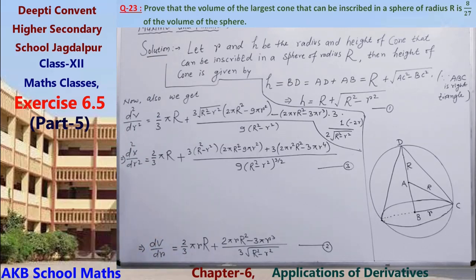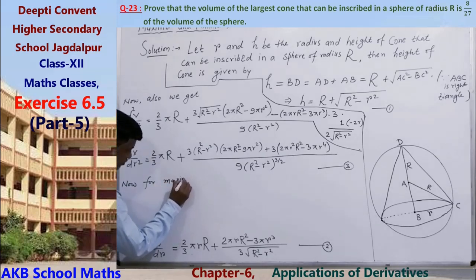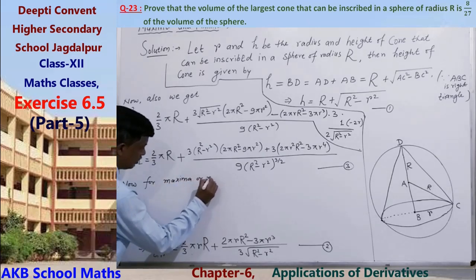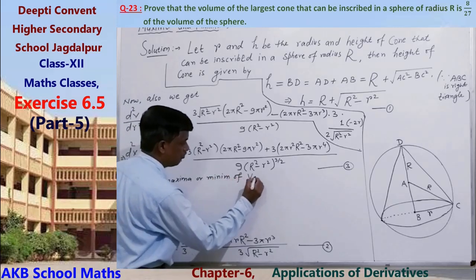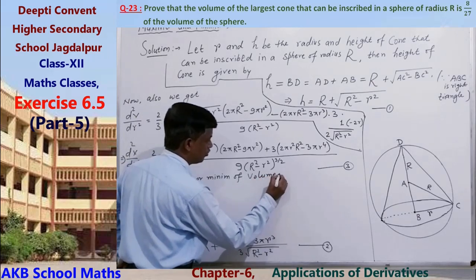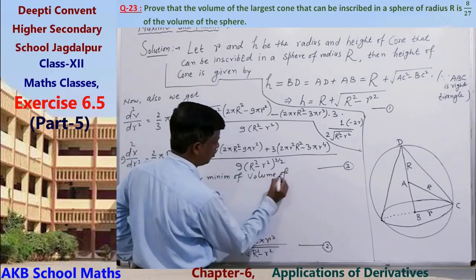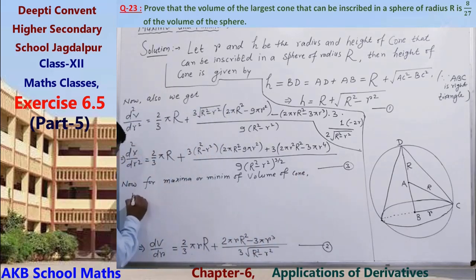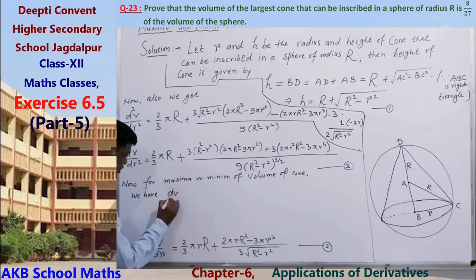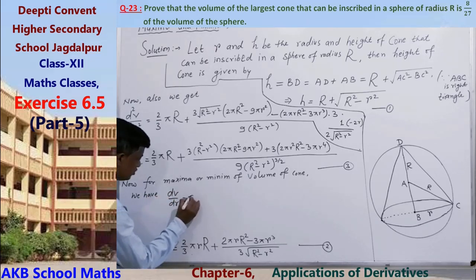now for maxima or minima of the volume of the cone, we have dV upon dr equals 0.